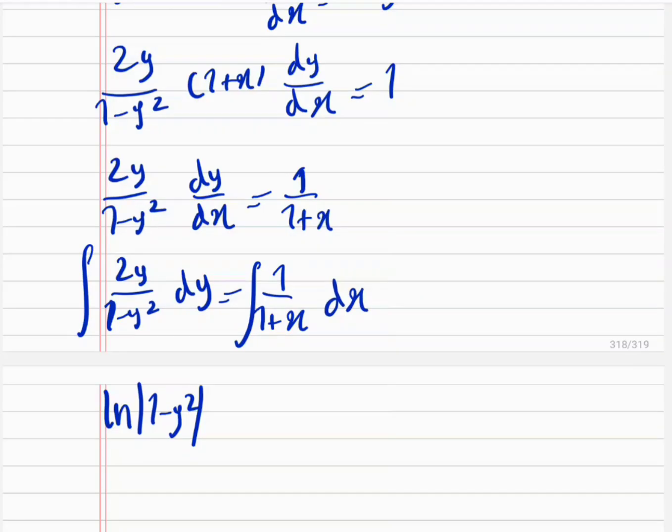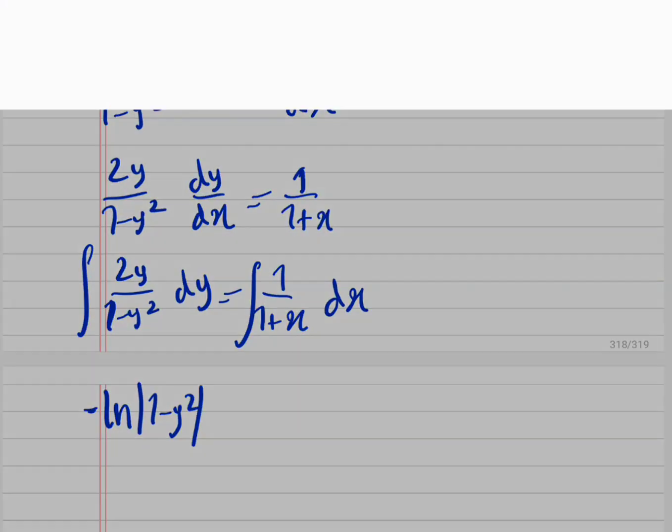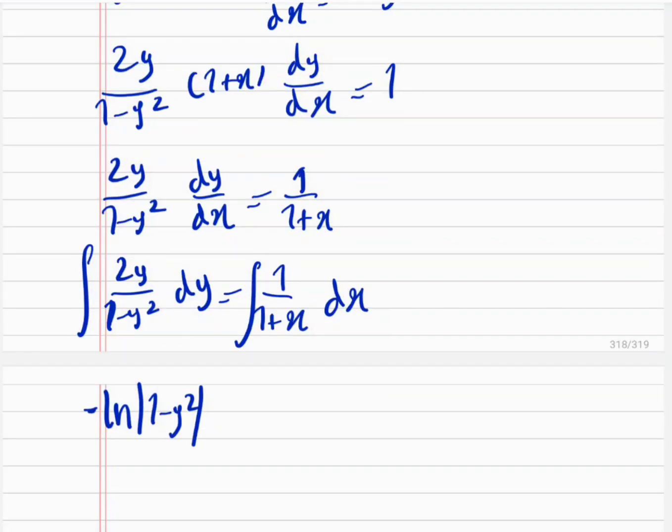When we differentiate, we'll get minus 2y over 1 minus y squared. So we have this additional minus that is not here, which means we need another minus here so that they cancel out. Therefore when we integrate, the answer is minus ln modulus 1 minus y squared.